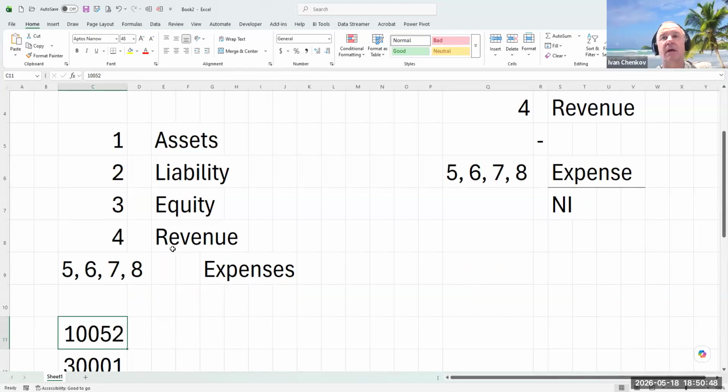Now, the other thing is that under the assets you can have different accounts. Depending on the number of accounts and the company that you're running, that's going to determine how many numbers you may use for the different accounts. If in the assets you're running from 1 to 10, then you have only 9 or 10 accounts to use for assets. Then you move to 20, which is liability, and have another 10 accounts for liability, and then move to the next one.